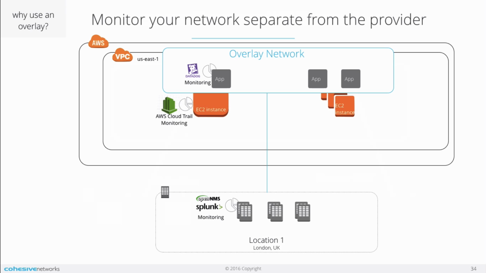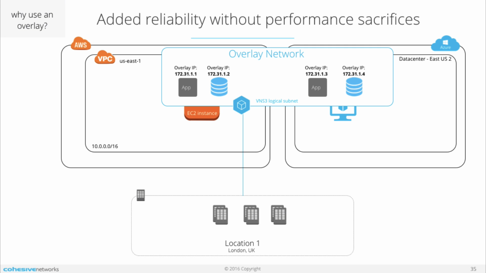In an overlay, you can use SNMP, or Simple Network Management Protocol. You could also dump traffic from a network interface to your own logging and debugging. So in this example, you can use Amazon's CloudTrail for analytics, but you can also use things like Datadog or Splunk and use them all together. And finally, you can use an overlay network to add reliability without performance sacrifices.